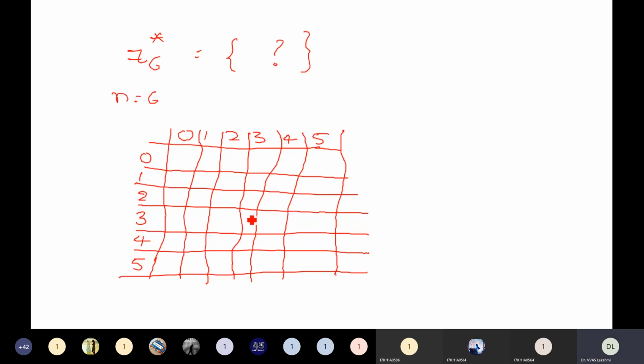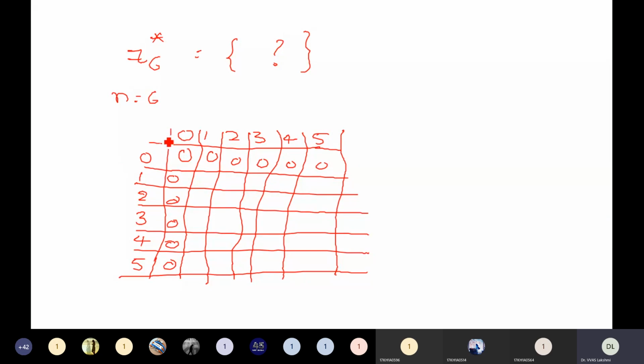So we don't need to calculate the first row because 0 into 0 is 0, 0 into 1, 0 mod 6 is 0. So whenever a value is multiplied with 0 it will become 0. So we don't calculate the first row and first column values.